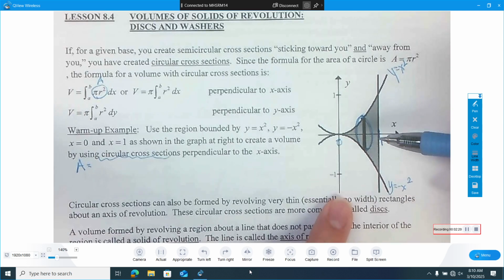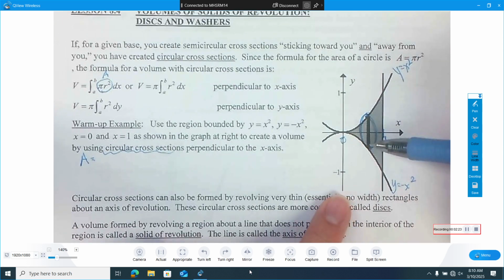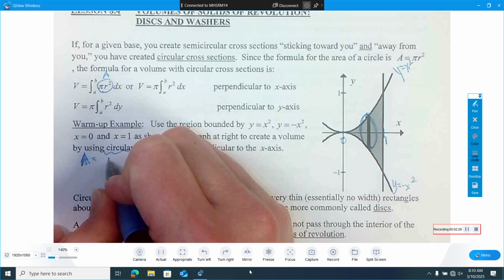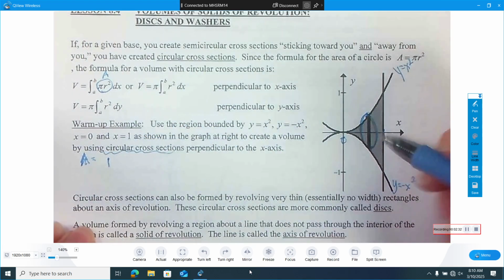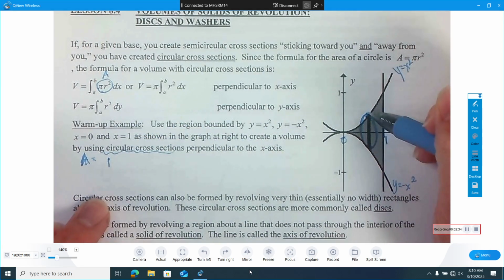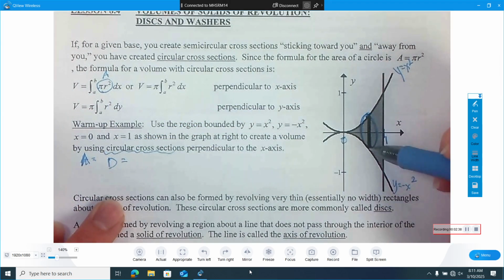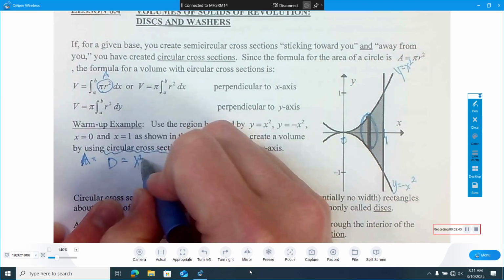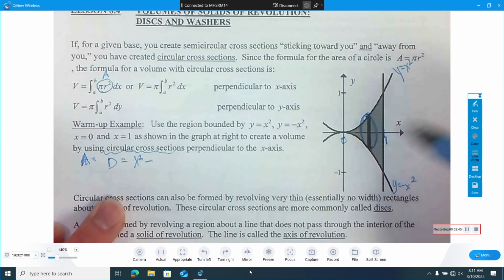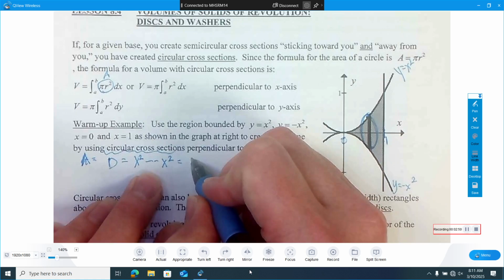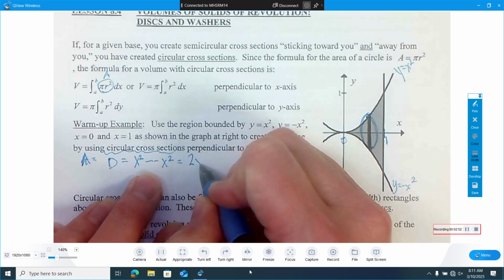If we were doing this as we did last Friday, well, I don't want to use A, I want to use the radius here. Well, I guess it's not really radius here. This would be a diameter of a circle, so I'm going to use D. To find this diameter, we'd have to do top minus bottom. So top curve is x squared minus the bottom curve, so minus negative x squared. That gives me a diameter of 2x squared.